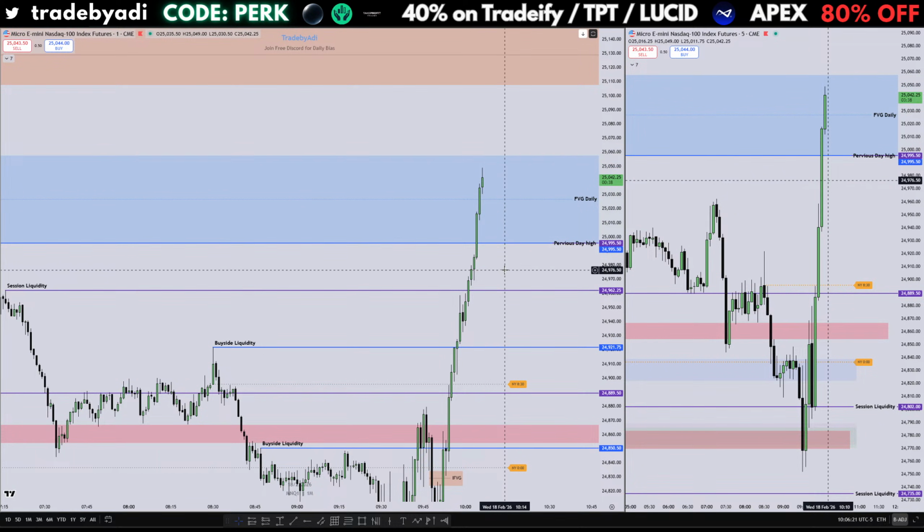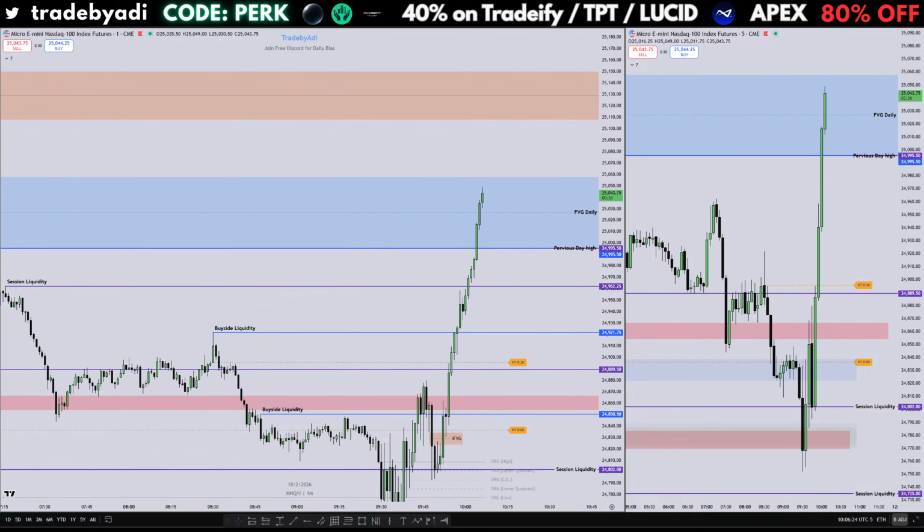I don't know what the news is because right now the price is so fire. It did not even respect anything on the daily FVG. Price just broke down this CE also.